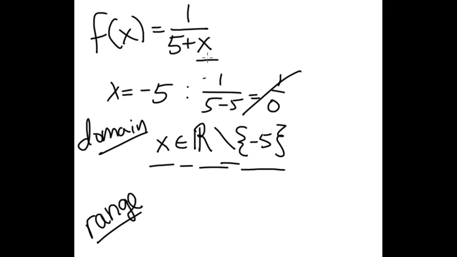Similarly, if we think about what would happen as we approach this left out number, as we get closer and closer from either side to -5, we can imagine, for example, 1 over 5 plus -4.9999999999.